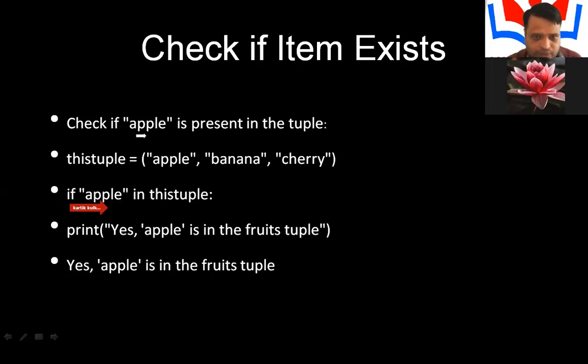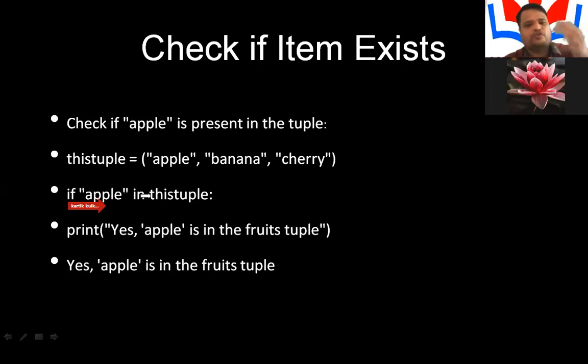I want to check whether apple is present in the tuple or not, so I specify the if keyword, and then the item value. I will be using apple here, because I want to check whether apple is present in the tuple or not.